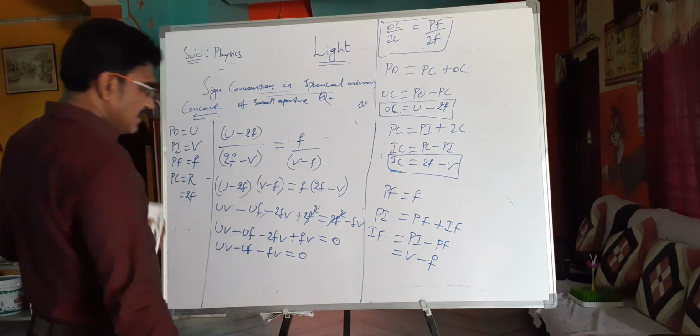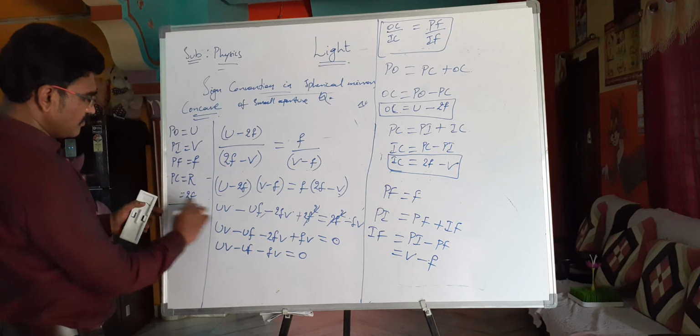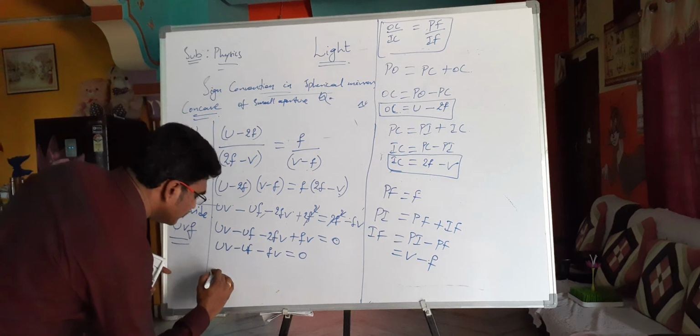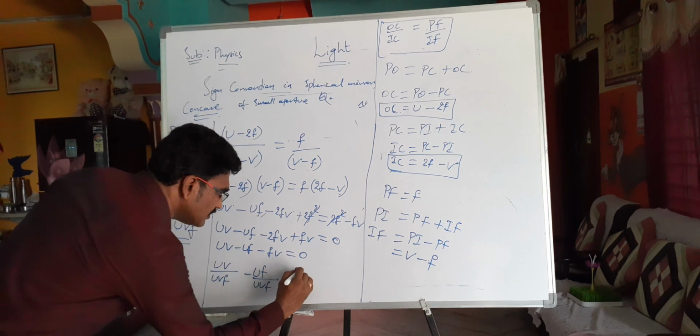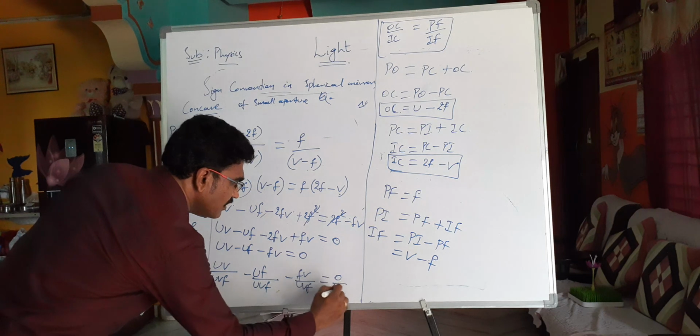Now divide everything with UVF. Then what will you get? UV by UVF minus UF by UVF minus FV by UVF is equal to 0 by UVF.